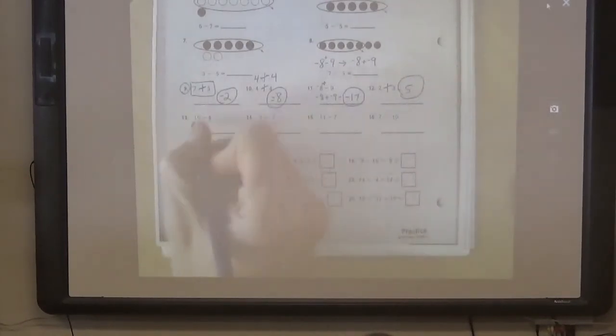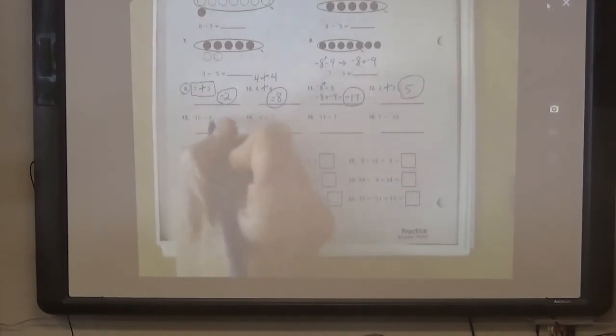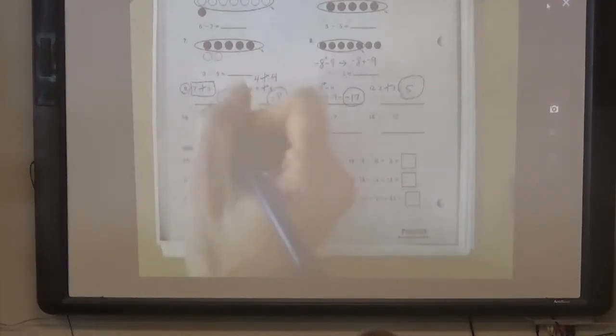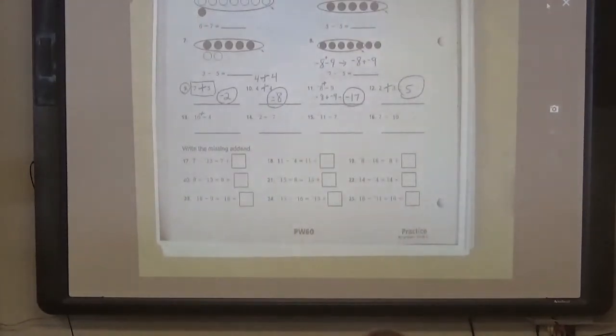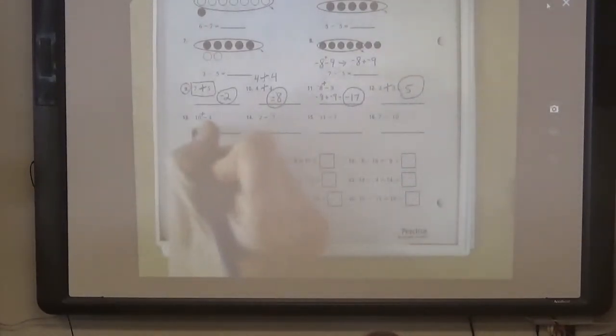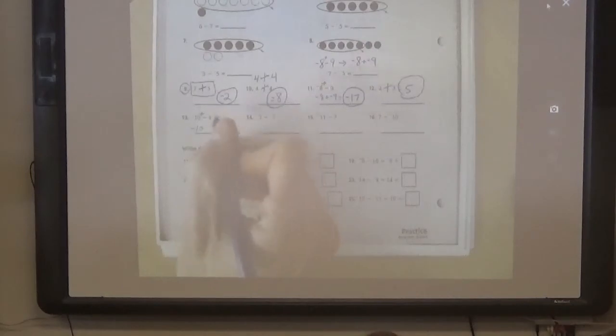But if there is one negative, like negative 10 minus 4, then we just insert a plus sign in between them. Change the subtraction to plus negative. And then you can get the answer. Okay?